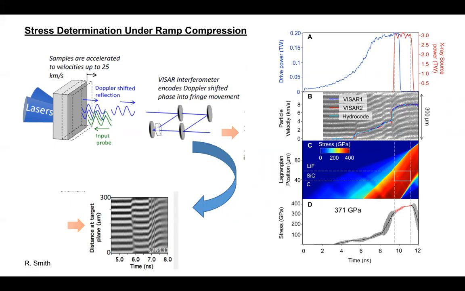In the case of a diamond window, it's done in a somewhat different way, but nevertheless, in general, it's a comparable approach. So that's how we get the stresses in these experiments.